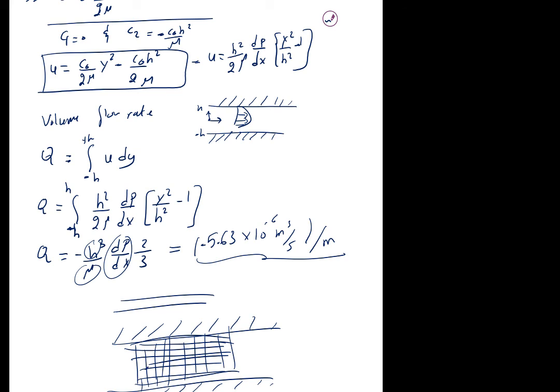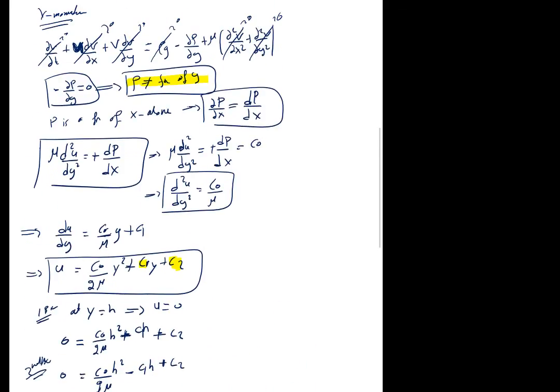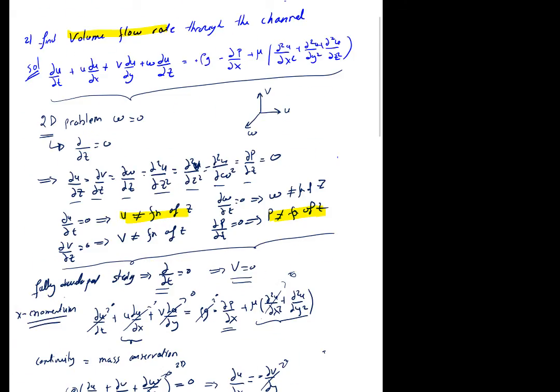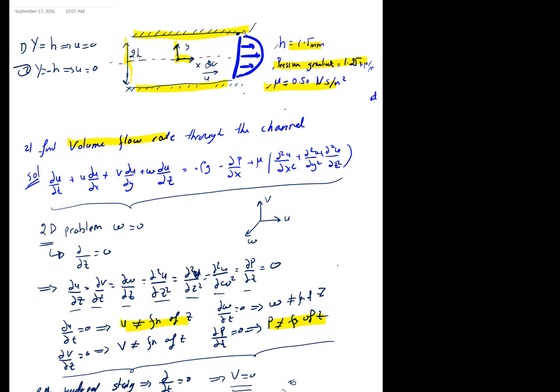And moving from each node to the other through the calculation, a small error will accumulate and your final answer will not be exactly minus 5.63. The reason behind this is that this is a problem that we can solve by hand. Now, most of the problems, as soon as they get complicated, cannot be solved by hand. Right? So that's our typical Navier-Stokes problem.